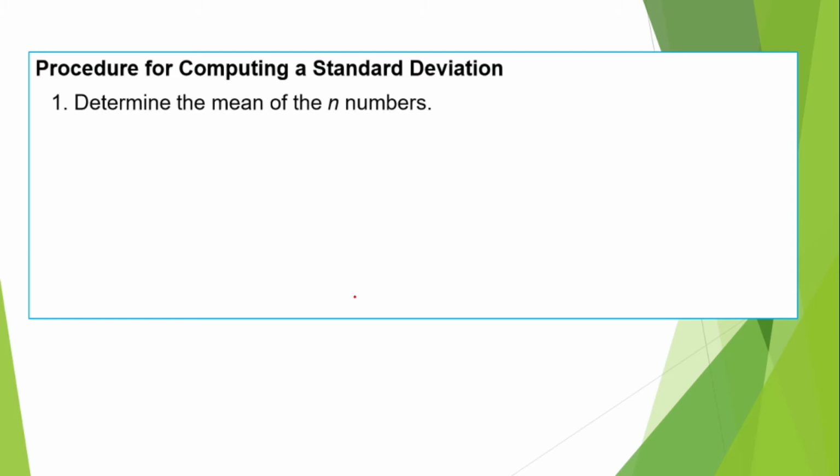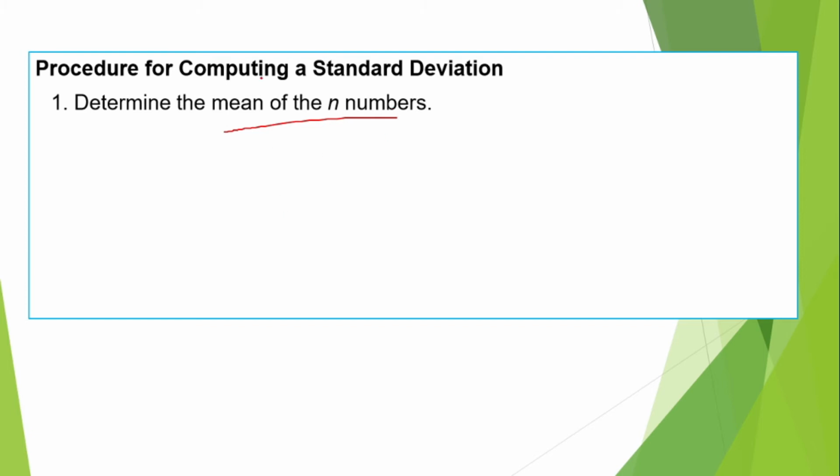By the way, these are the procedures for computing a standard deviation. First, we need to determine the mean of the n numbers. But let us find out whether the given data is a sample or a population. If you cannot determine whether the given data is a sample or a population, you will use the wrong formula.